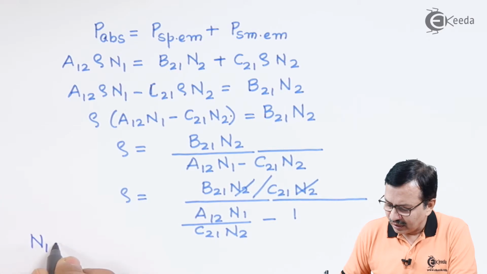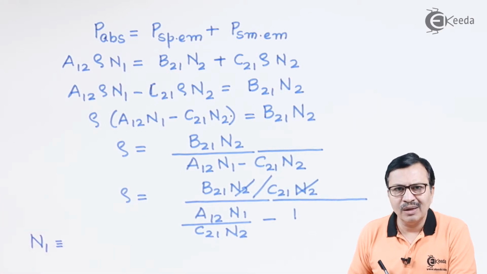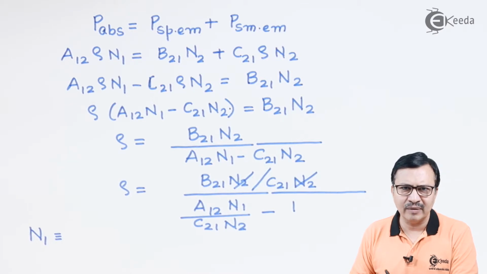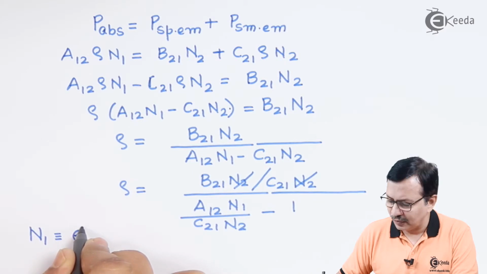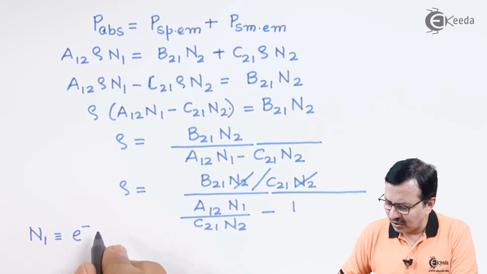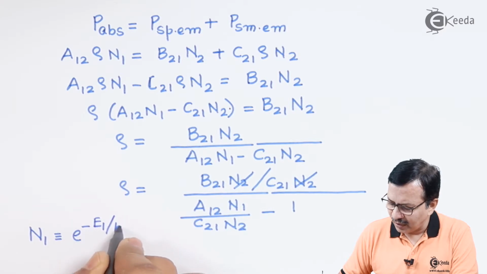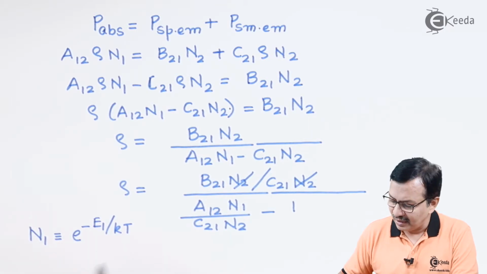From the Maxwell-Boltzmann statistics, the total number of atoms with energy level E1 in the ground state is given by the factor e raised to minus E1 upon kT, wherein k is the Boltzmann constant and T is the temperature.